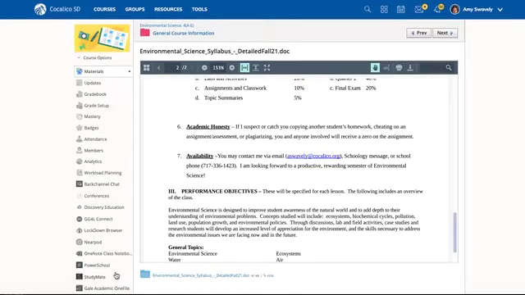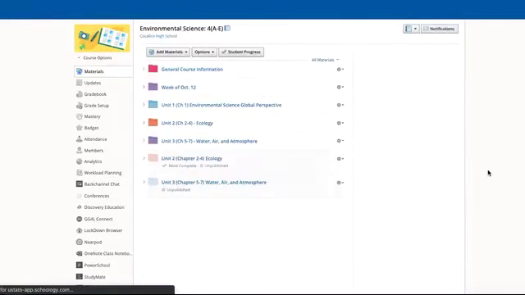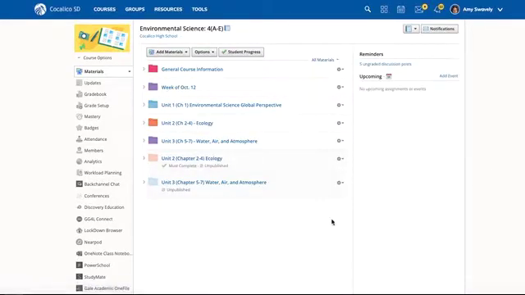I do have Study Mates on the side, which is another vocabulary review for students. Sometimes they are assignments, and sometimes they are review materials, and they can go back and do those anytime or as many times as they wish. And I do have a calendar here as well.